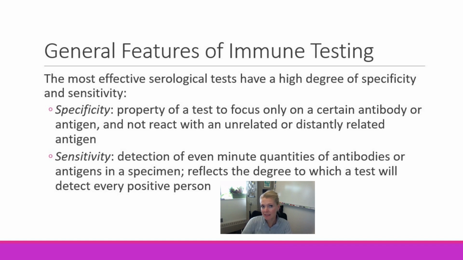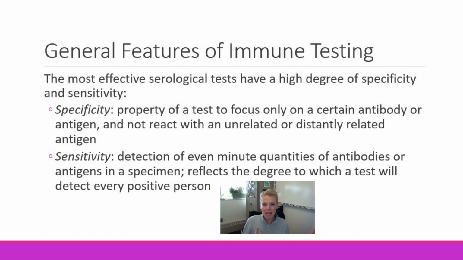It's important to start out this discussion with defining two very important words when we're talking about immunologic testing, and that is specificity and sensitivity. So when we're looking at serologic tests or immunologic tests, there's going to be a degree of specificity of each test, and that is defined as the property of a test to only identify a specific or certain antibody or antigen, and then disregard all other proteins that might be around.